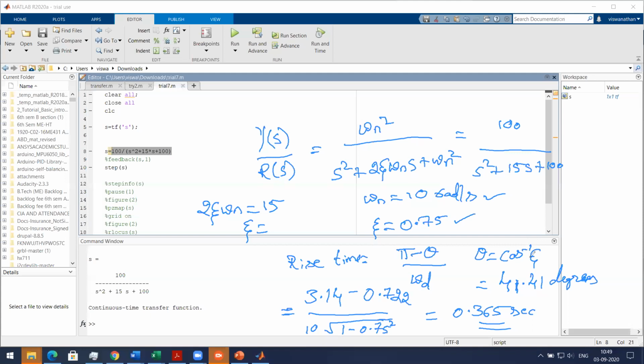Now let's calculate the percentage overshoot. Rise time, this is the calculation. We'll just see the percentage overshoot.